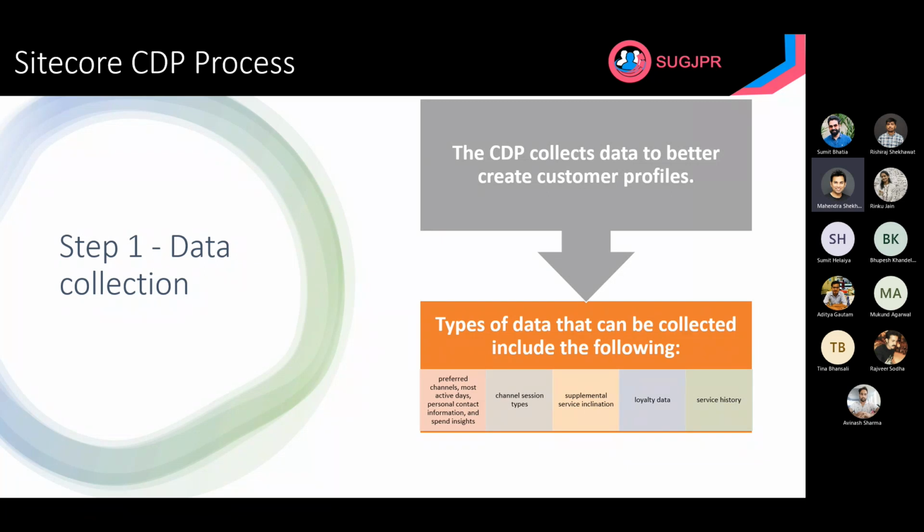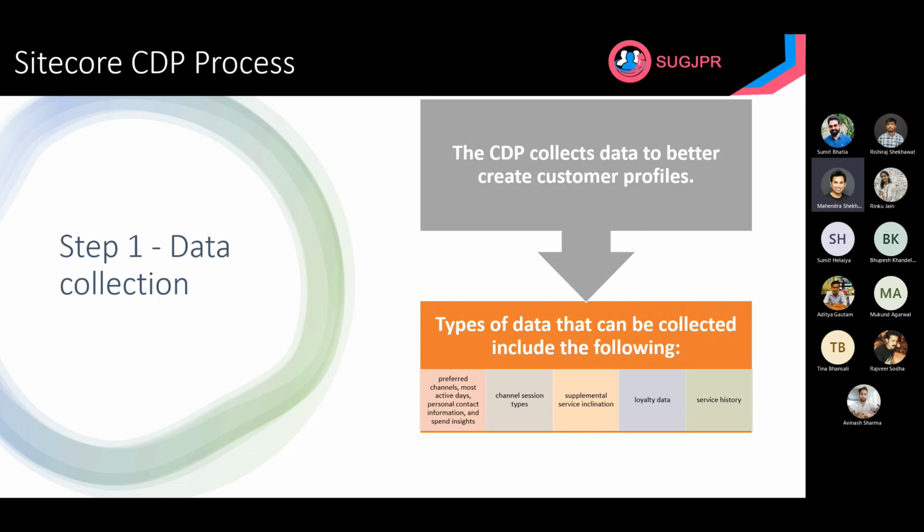Then it can collect data based on real-time information, for example, most active day, some kind of personal information. Then it can connect all the session data, loyalty data, or service history of your customer. That kind of data you can collect in your CDP platform.